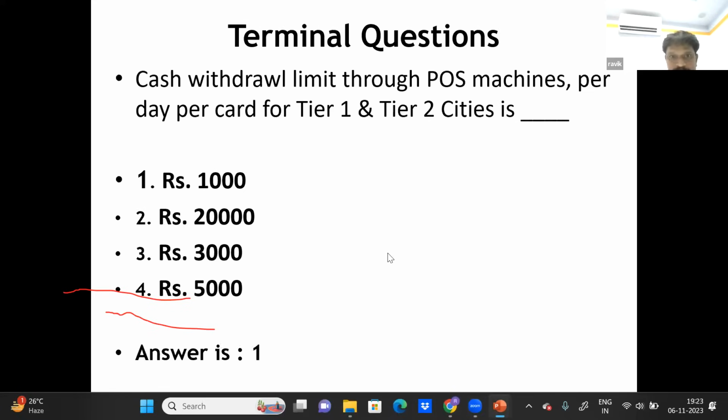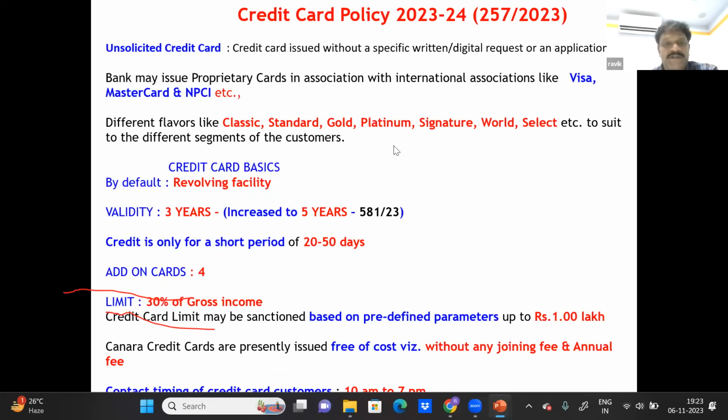Okay. Now go to credit card policy of the bank. Please remember, bank has issued recently one circular on unsolicited credit cards. You should understand the meaning also. Credit cards we should not issue to customers without their application, without their request.